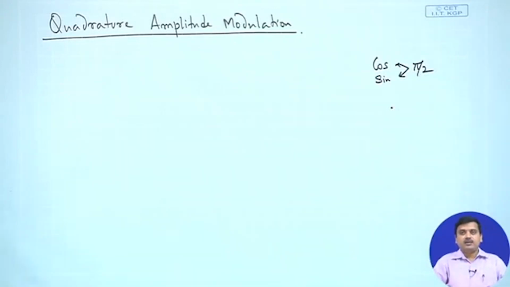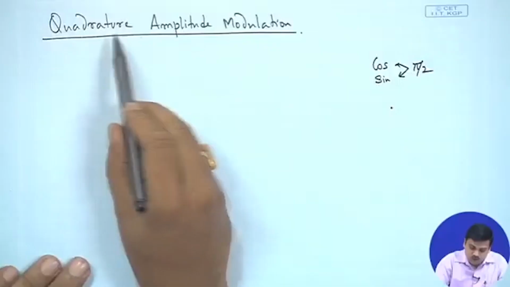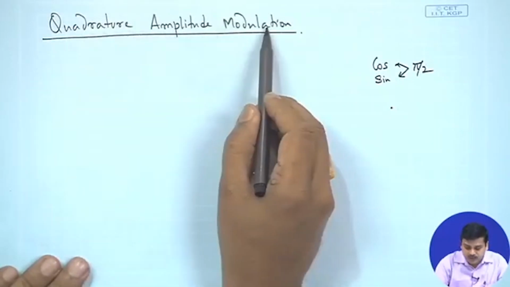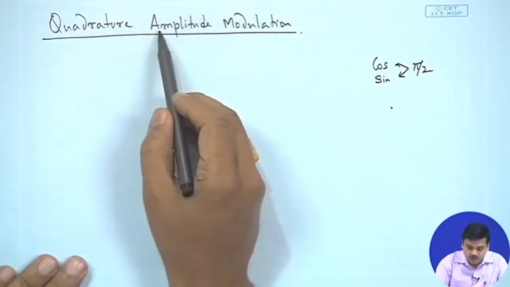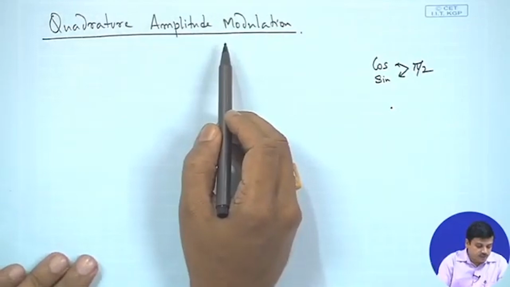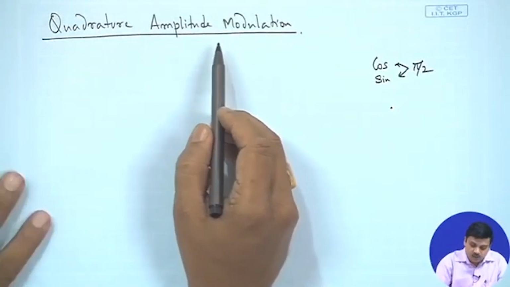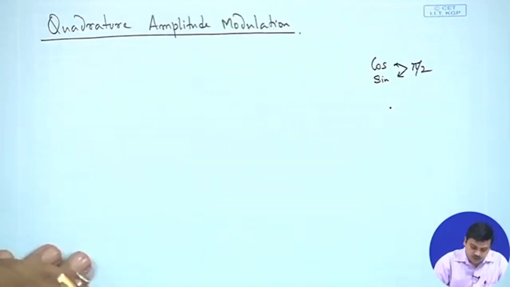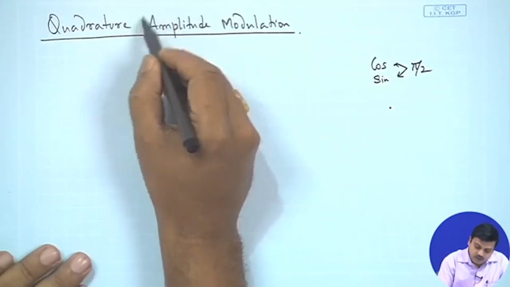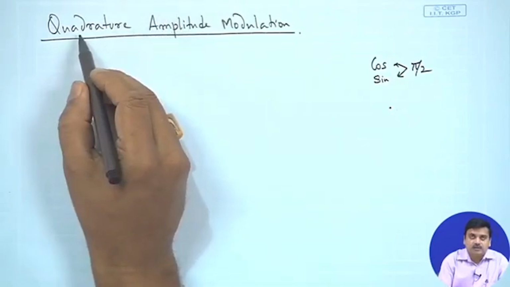Being at 90 degrees, they do not interfere with each other. So, now when we have quadrature amplitude modulation, although we know the terms individually or in some groups, when put together it has a different meaning altogether. Quadrature amplitude modulation is all about modulating the amplitude of quadrature carriers.